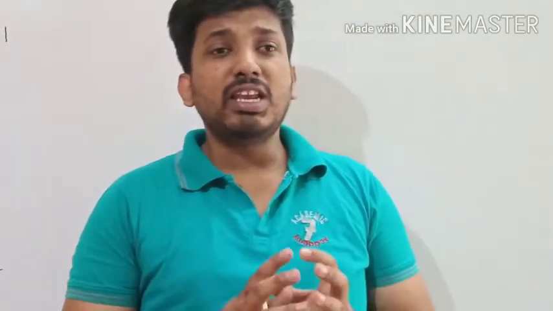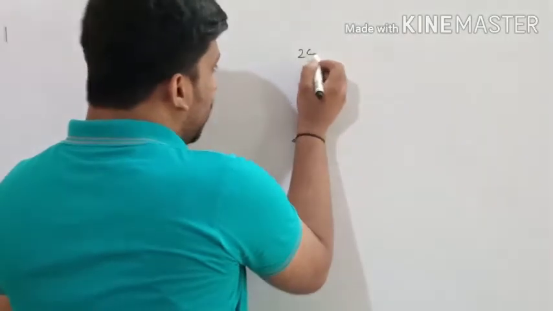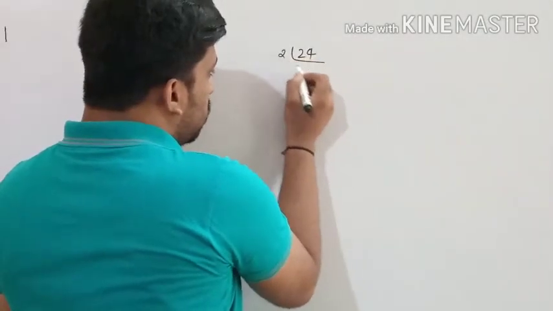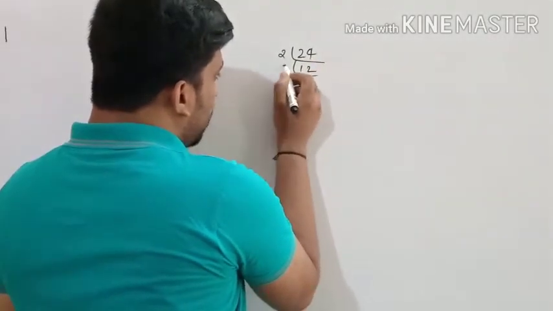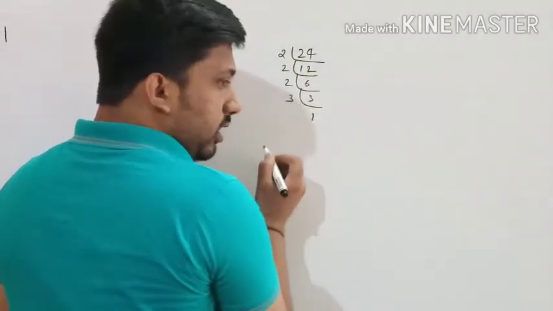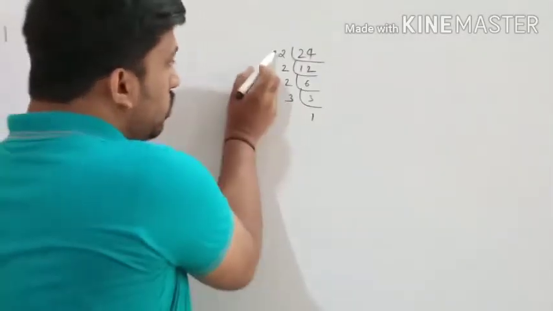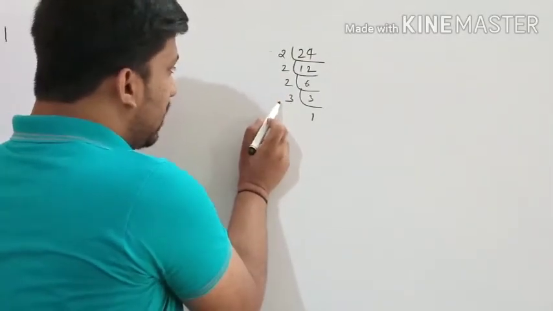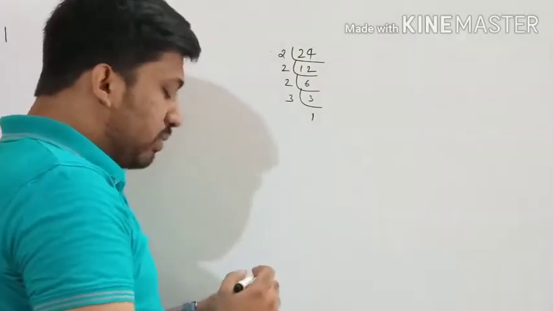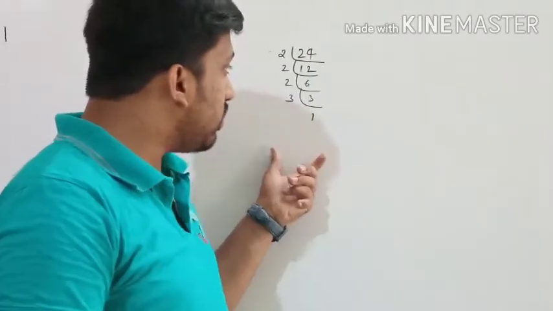Now any number we are going to divide. For example, if I take 24, I am going to divide that. 2 12s are 24, again 2 6s are 12, again 2 3s are 6, again 3 1s are 3. If you look at all these numbers, these are prime numbers, right? 2, 2, 2 and 3. So any number can be expressed as the product of its prime numbers.